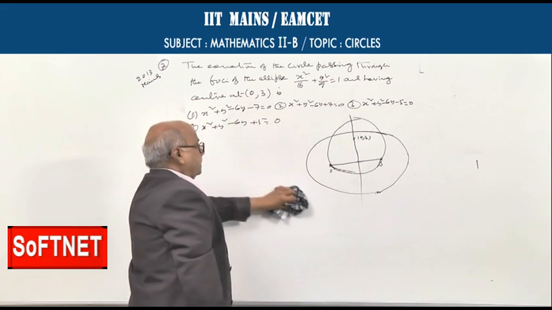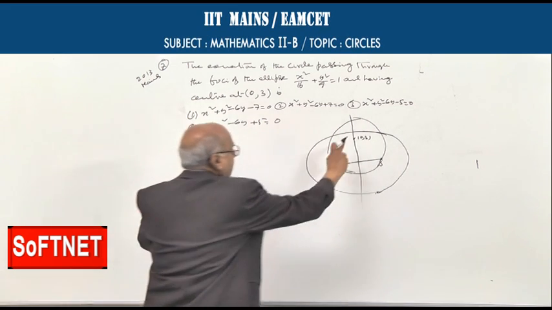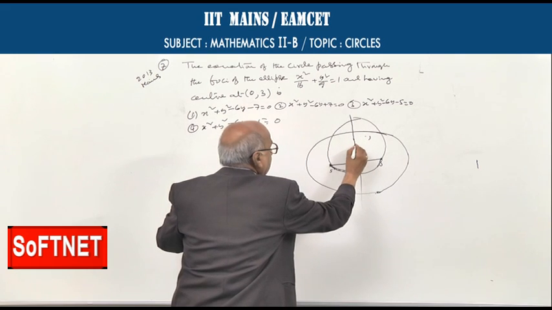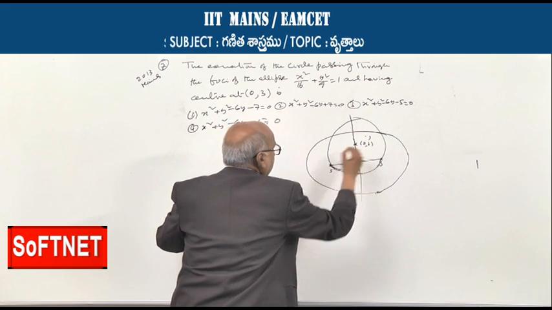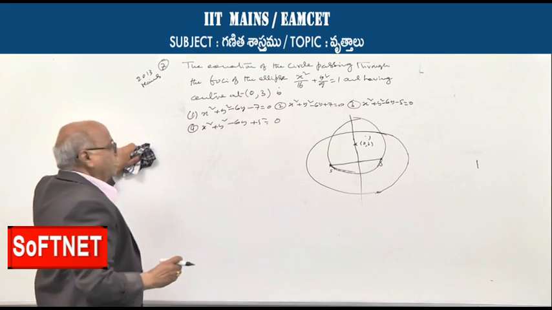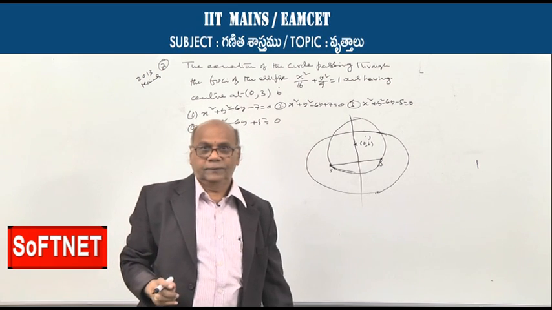So, that is the circle, right. Zero, 3. First of all, we must know the foci of the ellipse.